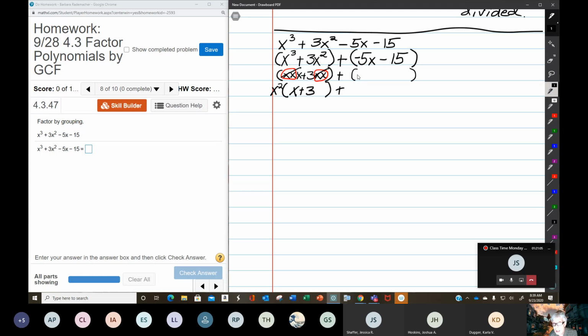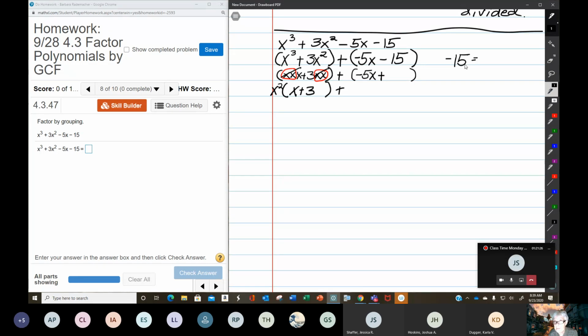So I'll have a negative 5x here plus this negative 15. Well, I know 15 is 5 times 3.